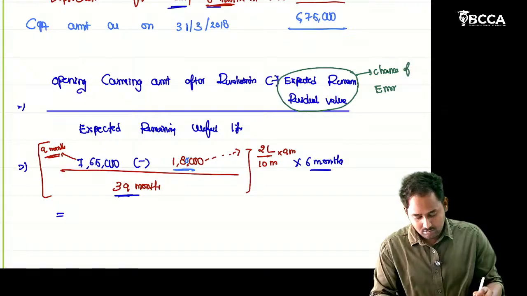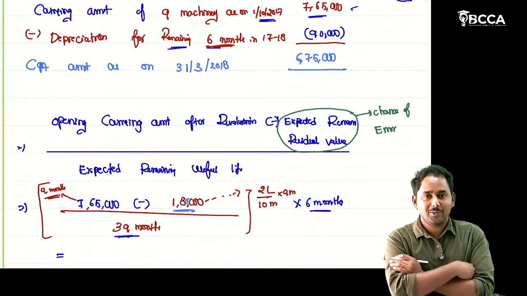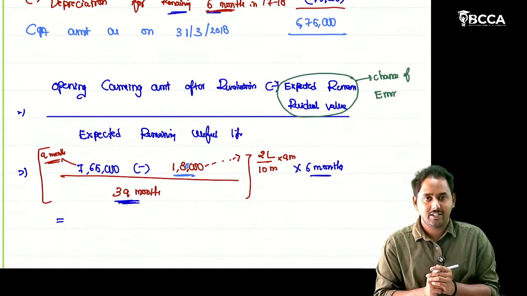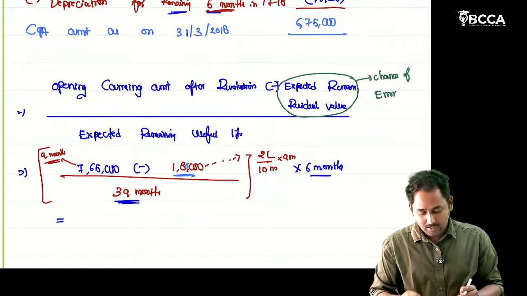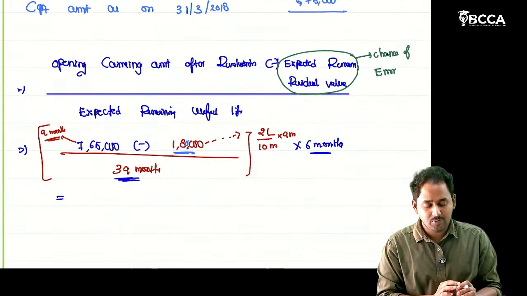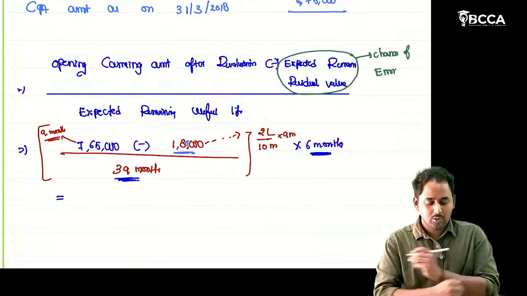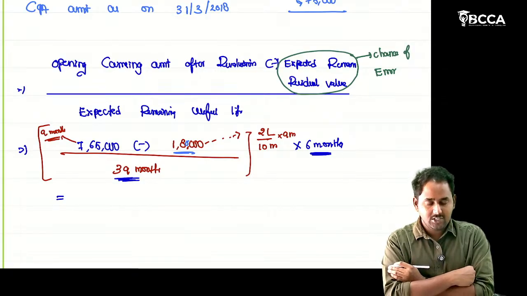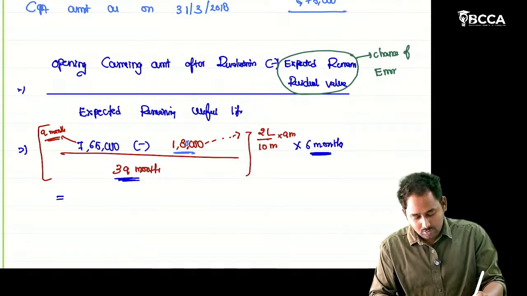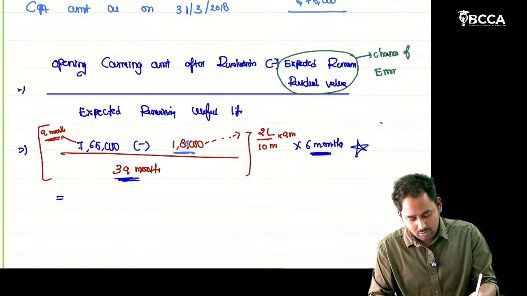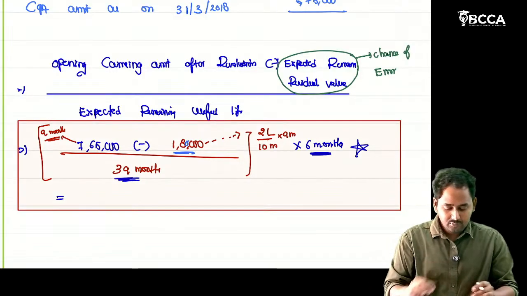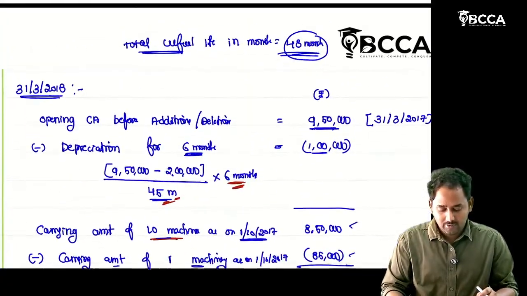I have given the useful life in months, not in years, so I got the depreciation for each month. So I add the depreciation for 6 months, that's why I made it into 6. Don't use divided by 12. If the depreciation is given in years only, then I can use divided by 12. So this is the important aspect. If this information is revised, then revising everything is easy.